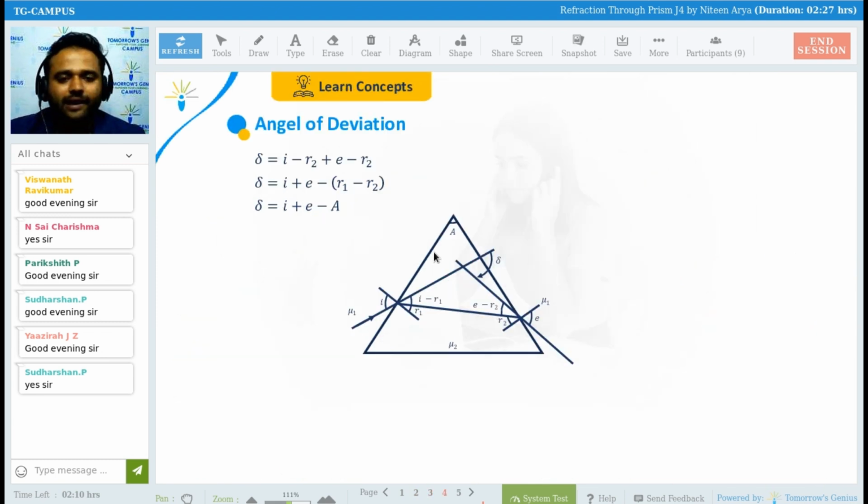Okay. Moving ahead, angle of deviation. Now what is angle of deviation? First of all, that needs to be defined at least.